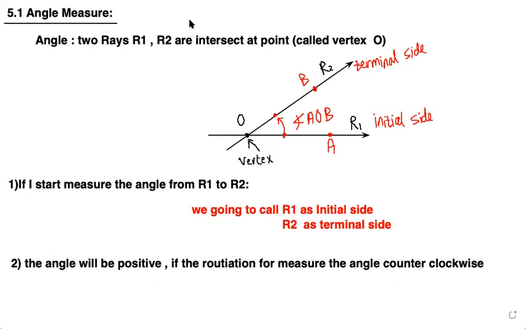So what does that mean? Here is my angle, suppose. First of all, what does counterclockwise mean? Here is my Cartesian plane, for example. Clockwise is like this, counterclockwise like this.